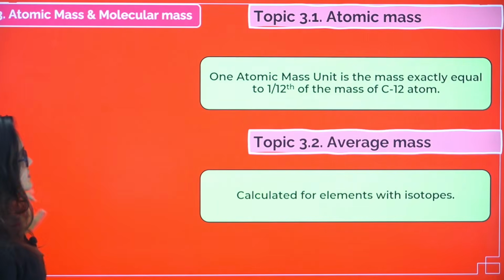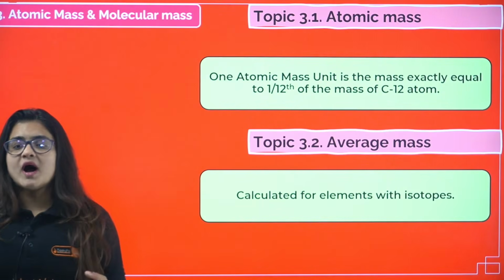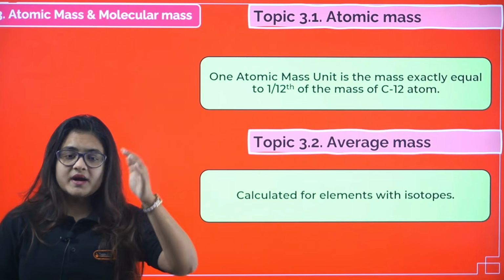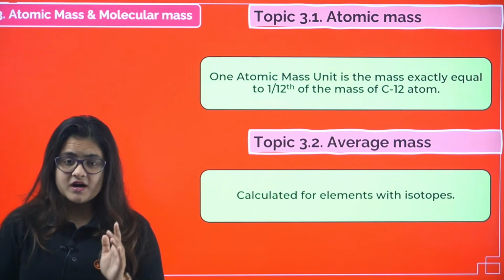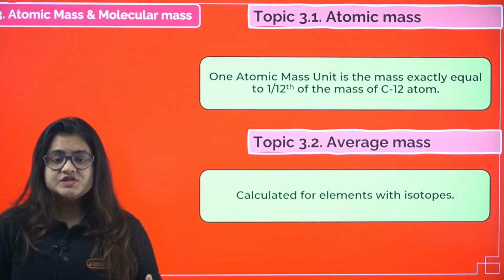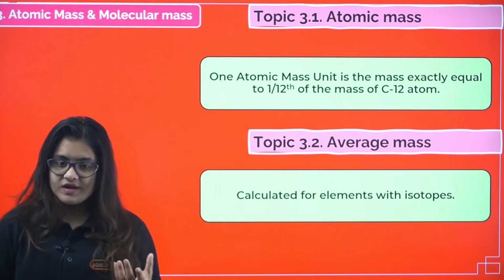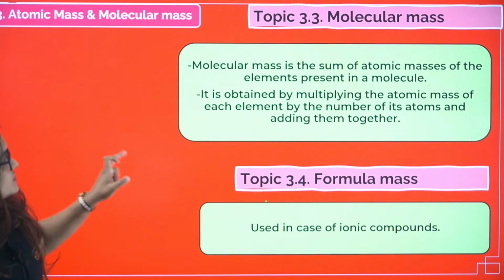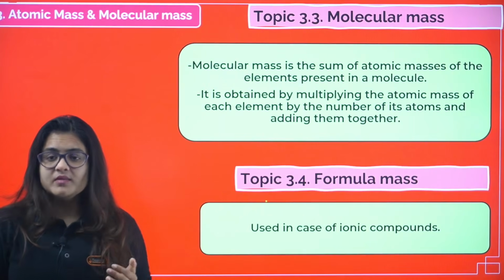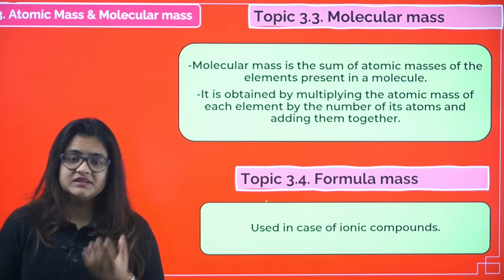Let's proceed further. Here we are going to discuss atomic mass first. One atomic mass unit is equal to 1/12th of the mass of a carbon-12 atom. And average mass is calculated taking all the isotopes into account. Next, molecular mass is the sum of the masses of the individual elements present within the molecule.